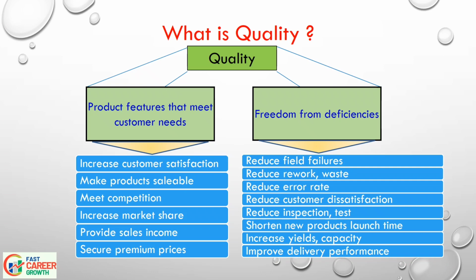If the car, bike, TV or mobile performs as desired, it is fit for use. Quality is the totality of features and characteristics of a product or service that bear on its ability to satisfy stated or implied needs. Not to be mistaken for degree of excellence or fitness for use.